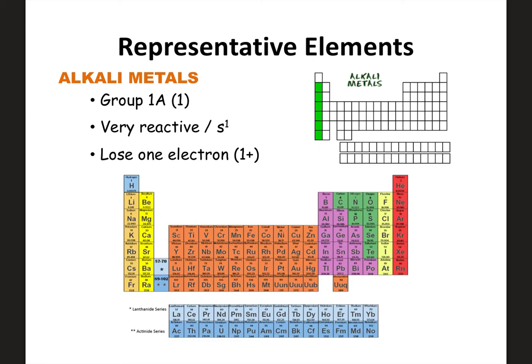So lithium would be 2s1, sodium would be 3s1, potassium would be 4s1, and so on. And they all lose one electron and form a 1+ charge when they form ions. We'll talk about why this happens later in the video, but for now, you need to know that these form a 1+ charge. They lose one electron.